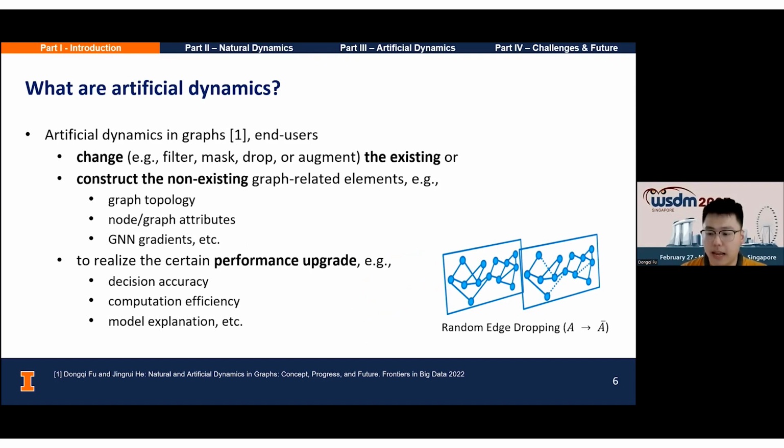For example, those elements can be, but are not limited to, graph topology, node or graph attributes, graph neural network gradients, or something else. After corresponding modifications, the end users aim to obtain a performance upgrade in certain metrics, like decision accuracy, computational efficiency, model explanation ability, and something like that.